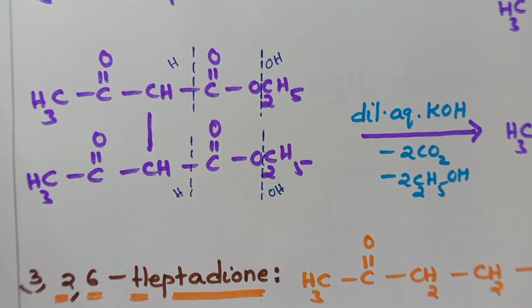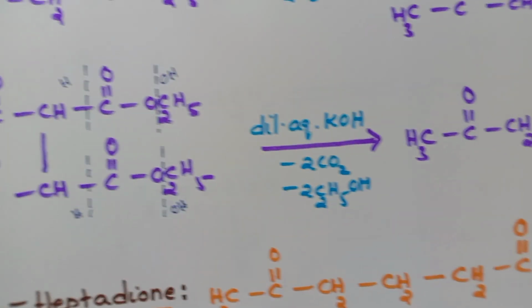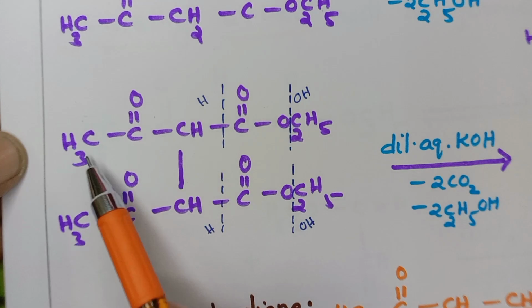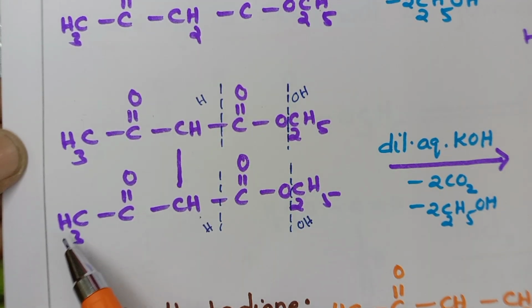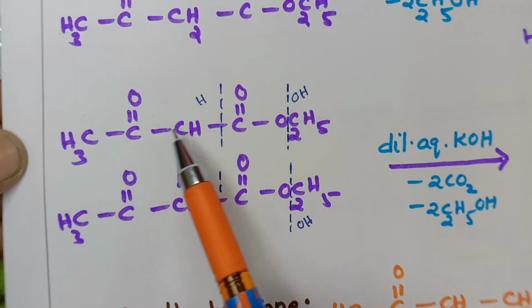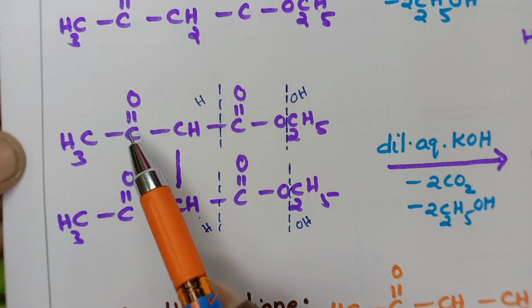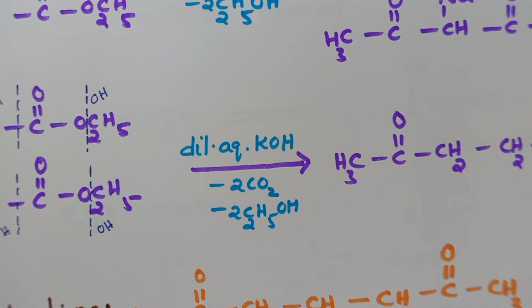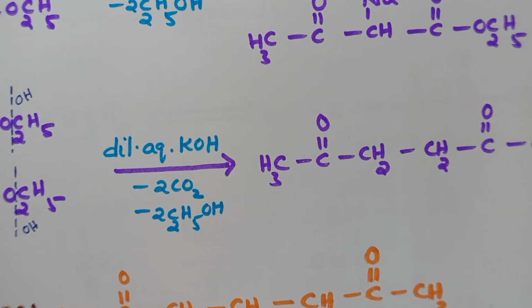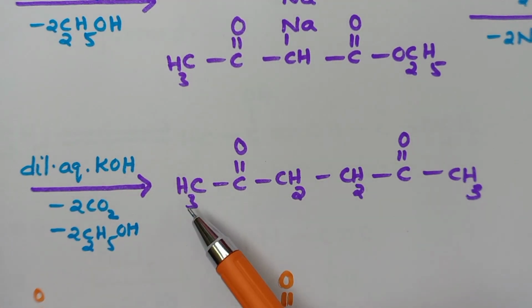So the compound that we are getting is CH3, C double bond O, CH2, CH2, C double bond O, CH3. Total how many carbons? 1, 2, 3, 4, 5, 6. Second carbon and fifth carbon. That is nothing but 2,5 hexadione. That is our compound, this one.